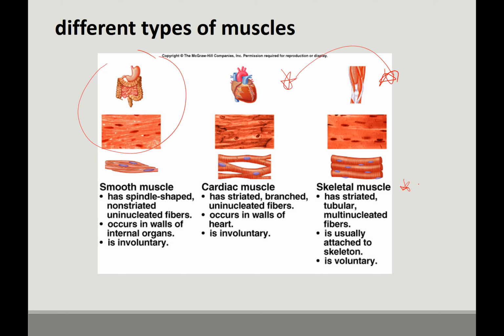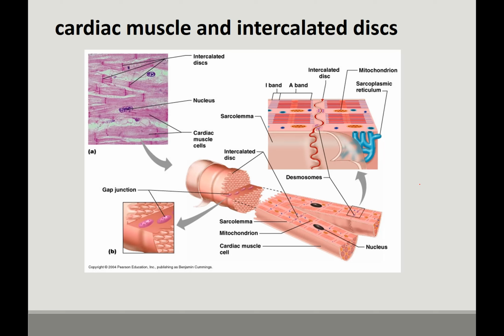So skeletal muscle, go watch the videos. Cardiac muscle, the main thing I want you to know is that these muscle cells communicate through this thing called an intercalated disc.